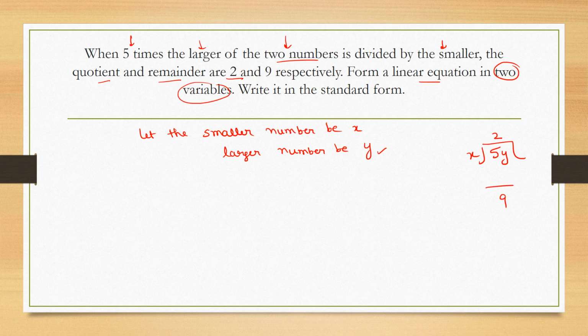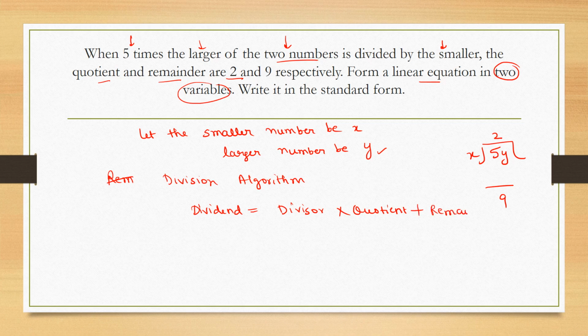Do you know the remainder theorem, or we should say division algorithm? We used to study it in small classes. It is: dividend is equal to divisor into quotient plus remainder, right? So just put down all the values.